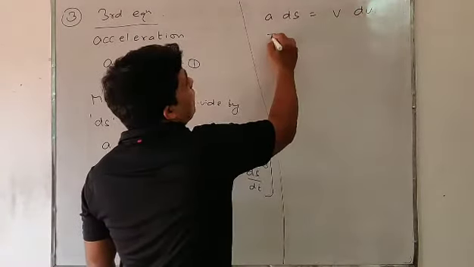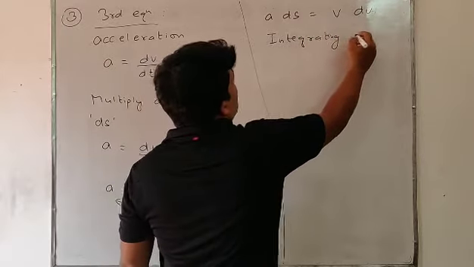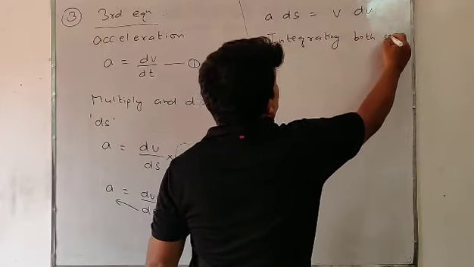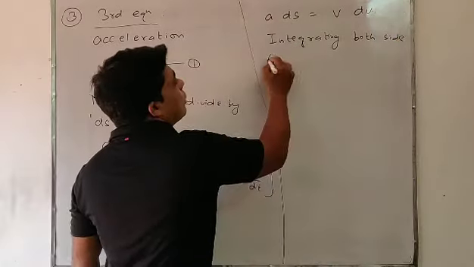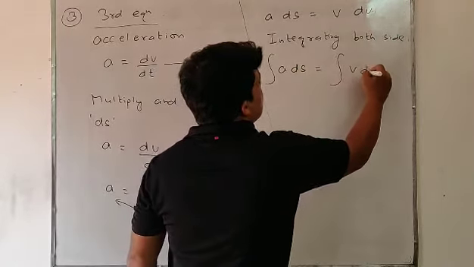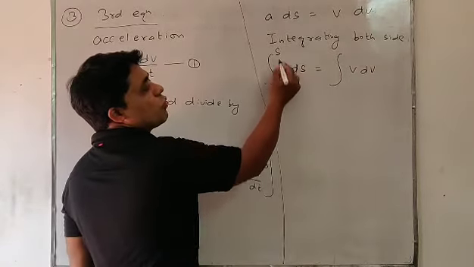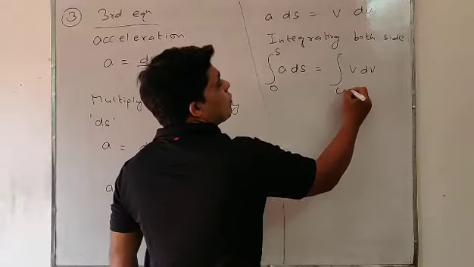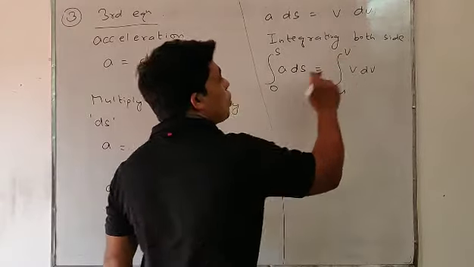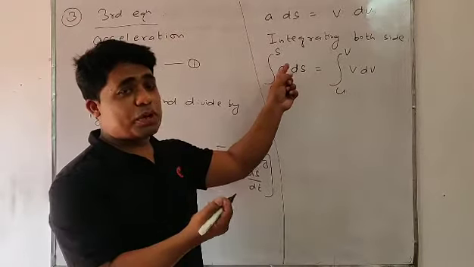Now students, integrating both sides. Here we will make the integration sign, and here also. Limit 0 to s: initial displacement 0, final displacement s. Initial velocity u and final velocity is what? V. This is displacement, that's why we took the displacement limit.